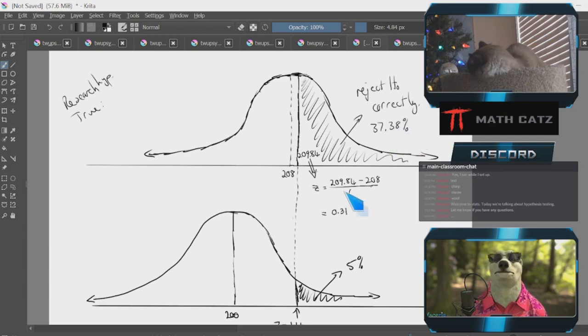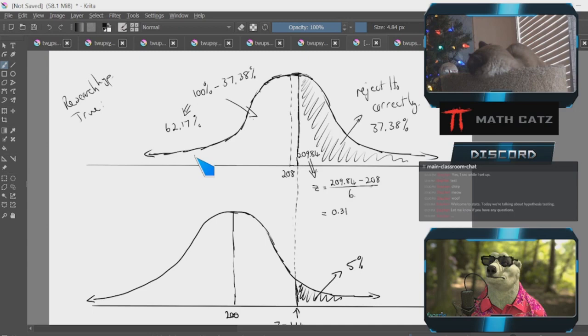So that means the rest is, of course, 100% minus 37.38%, which will be 62.17%. So this is our type 2 error.